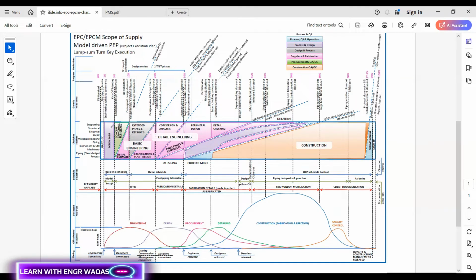So within basic engineering design, we require maximum people belonging to the engineering discipline, right? In the office area, right after basic engineering, we require people who are more expert in designing. On the basis of these reports, they are going to design the things, right? So they are going to prepare detailed engineering, core design analysis, peripheral designs, final prices and contracts.